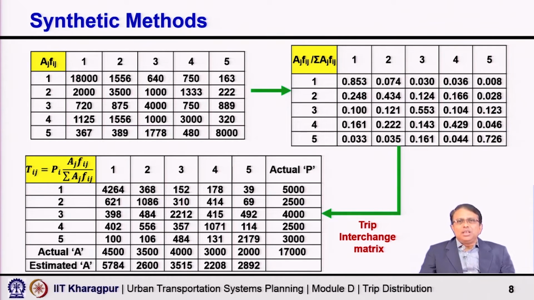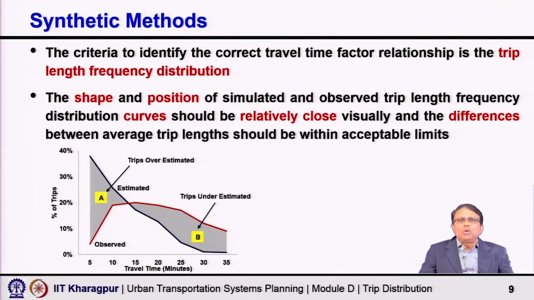That means, in the network I have some 5-minute travel, some 10-minute travel, some 15-minute travel, 20-minute, 25-minute, 30-minute and 35 minutes in this example. With each of those travel times, how many total trips are being made as per my model estimates?